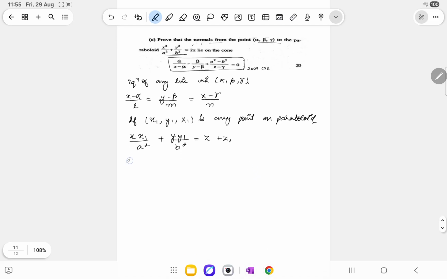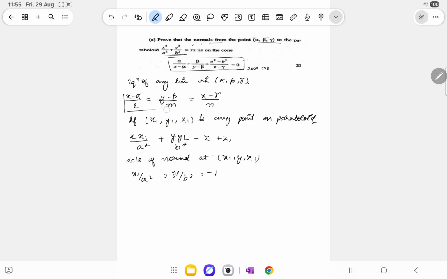So the direction ratios of the normal at (x1, y1, z1) will be basically x1 by a square, y1 by b square, minus 1.